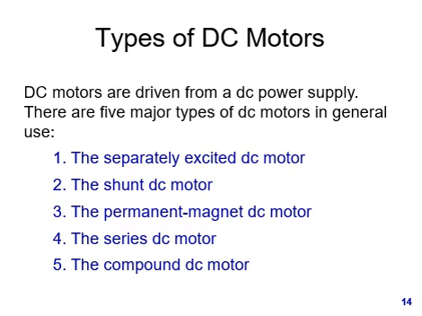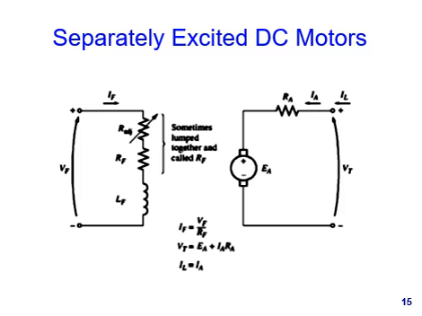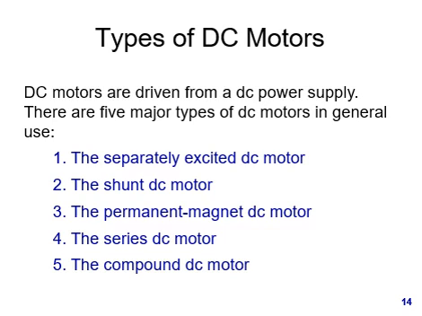First one is the separately excited DC motor, then the shunt DC motor, the permanent magnet DC motor, the series DC motor, and the compounded DC motor. We will see their diagrams and a brief overview in the next few slides.